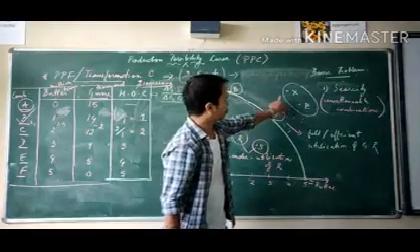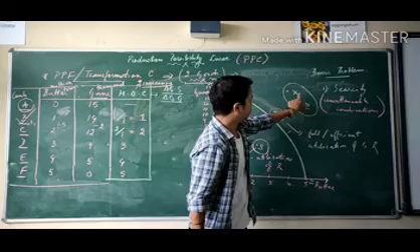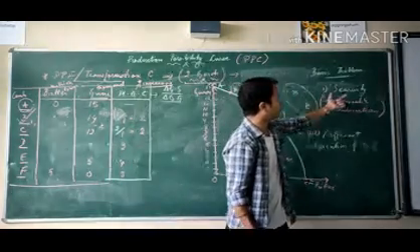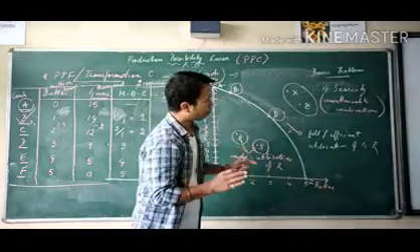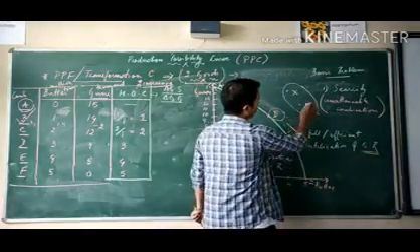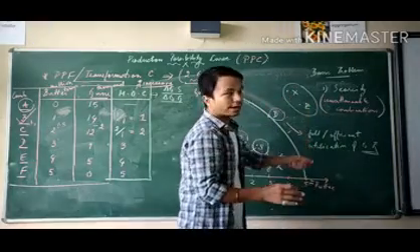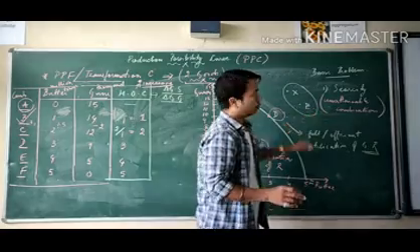So looking at these 2 points, X and Z, these 2 points deal with the problem of scarcity. Why? Because the economy just has a given amount of resources which cannot be increased or decreased. So there is a problem of scarcity. They are not able to produce combination X and Z.